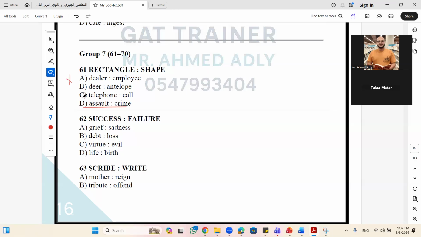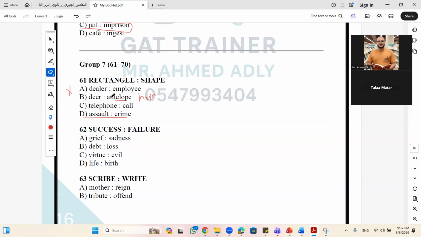Why did you choose this pair? The first one, deer and antelope. It looks like a deer, but it's got horns. A mammal like a deer, but with horns and long thin legs, right? It is a type of it. But rectangle, so these are different creatures.